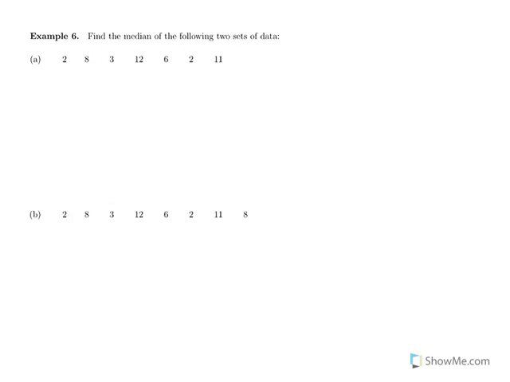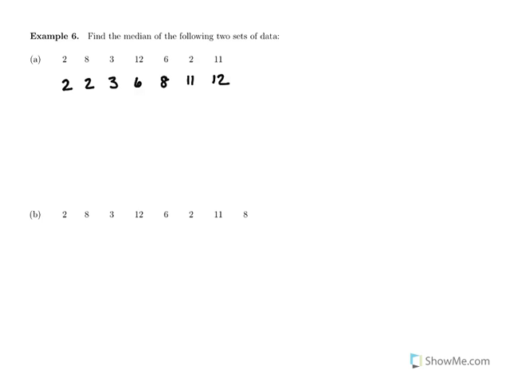So now let's talk about median in a little more detail. Find the median of the following 2 sets of data. So first, what we have to do is organize the data from least to greatest. So we have a 2, 2, 3, 6, 8, an 11, and a 12.